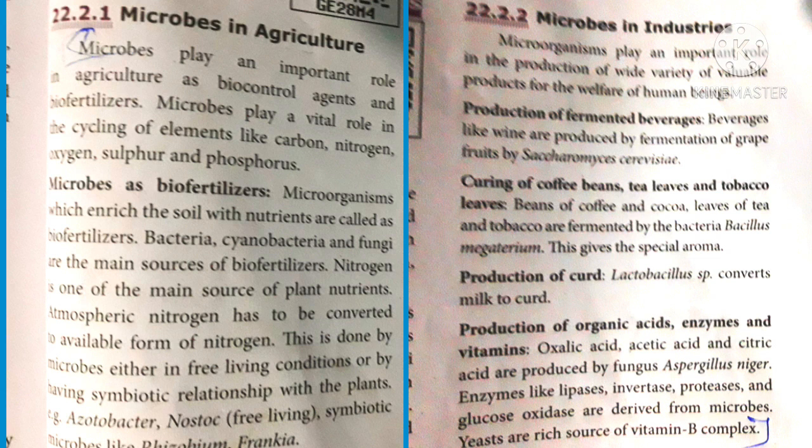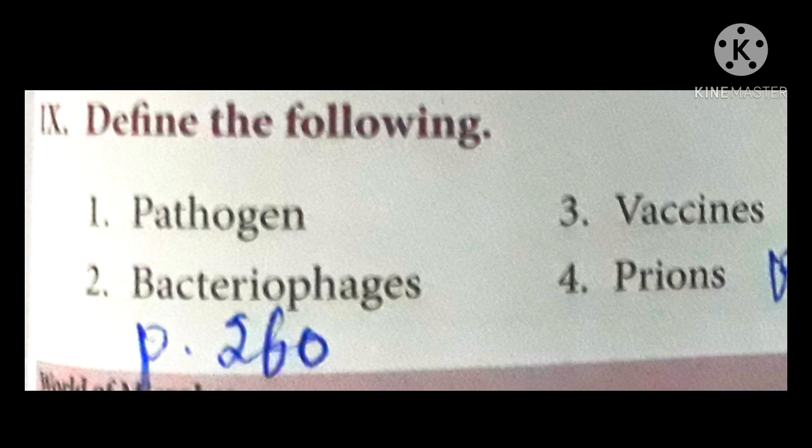There you mark it till vitamin B complex, production of organic acids, enzymes and vitamins. Clear? Okay. Next question, Roman letter 9, question number 1: Pathogen.